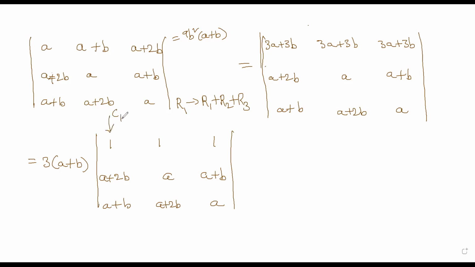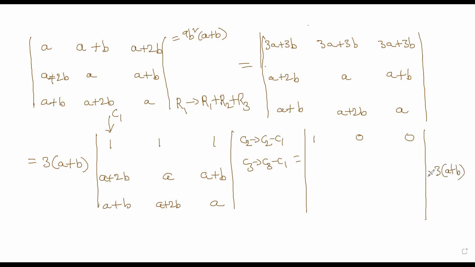I will fix column C1. And now what you do is C2 equals C2 minus C1, and C3 equals C3 minus C1. So you blindly get 2 zeros. So first, this part is 0, 0, 0.